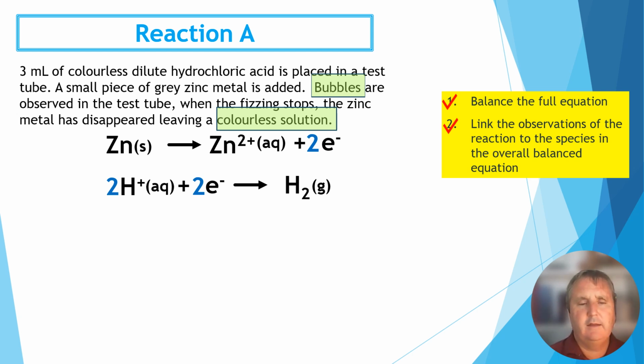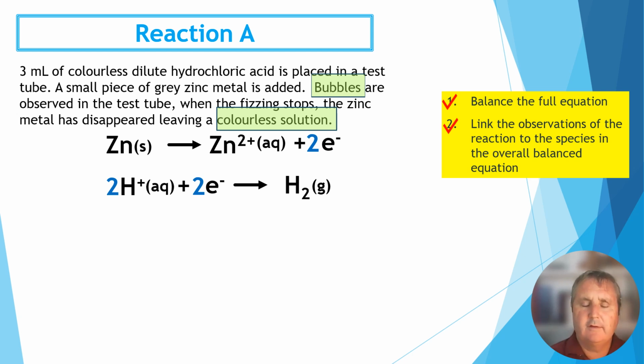Notice that the zinc half equation and the dilute acid half equation both have 2 electrons on them. If we are doing an oxidation-reduction reaction, we would expect to have electrons on the right-hand side in one of the half equations and electrons on the left-hand side in the other. The number of electrons is not always equal, but in this case it is.